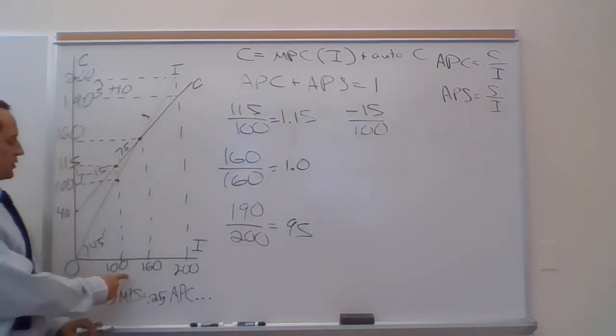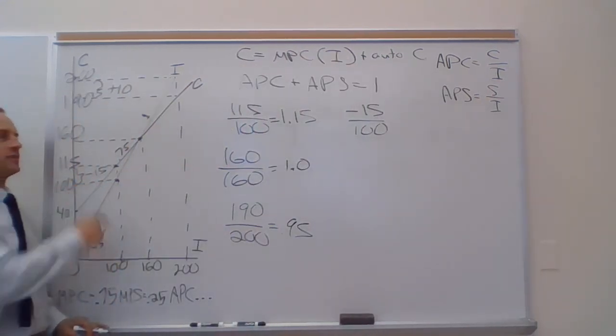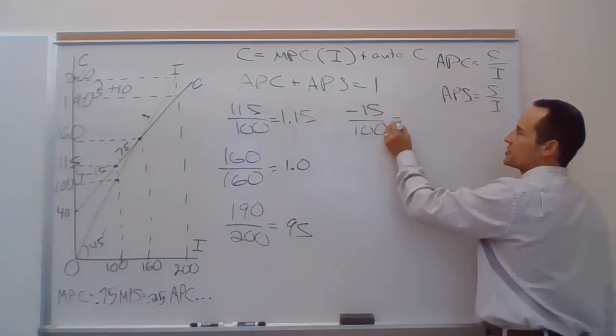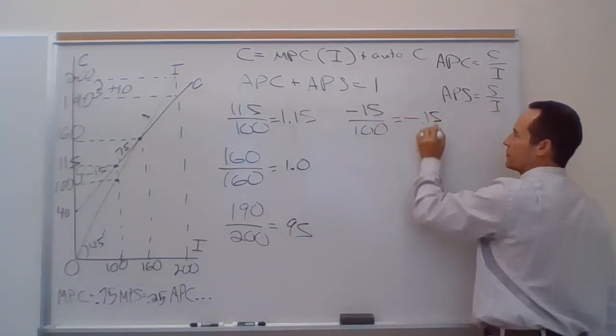When income here is 100, the savings is negative 15, so negative 15 over 100, and APS equals negative 0.15.